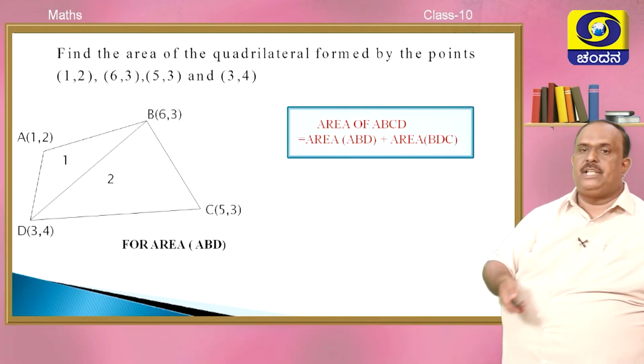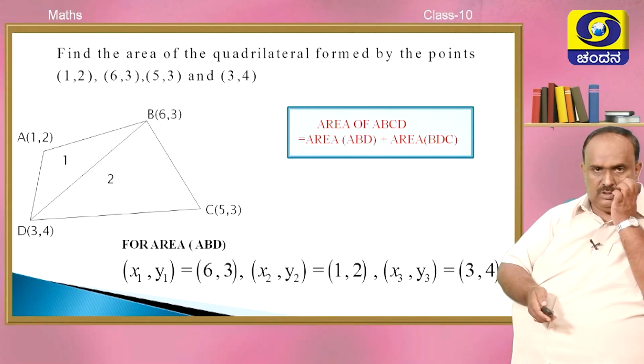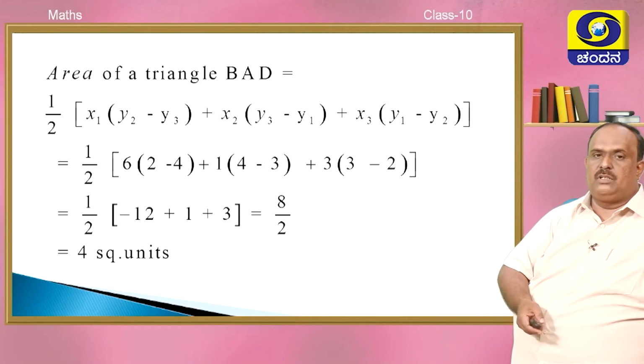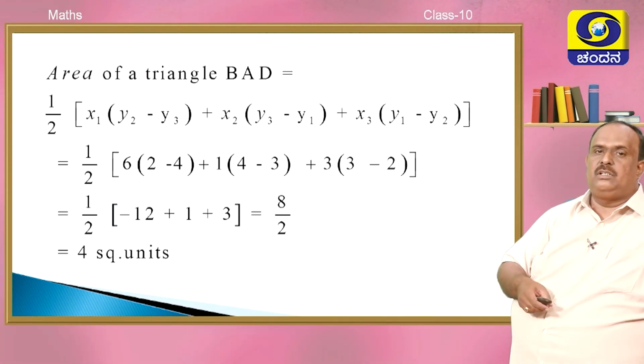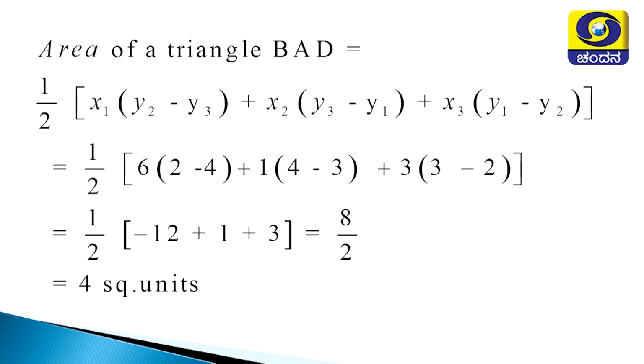For area of ABD, write down x1, y1, x2, y2, x3, y3. Write the formula, substitute the values of B, A and D, you will get 8 by 2. I am not going to tell you about substitution.